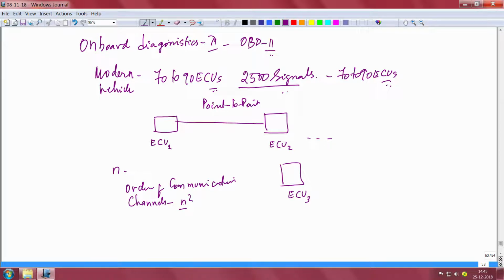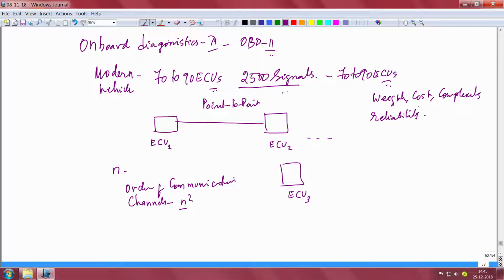And if n starts growing, you will not be able to cope with the increasing ECUs, because you will have several issues of weight, cost, complexity, and mainly reliability.